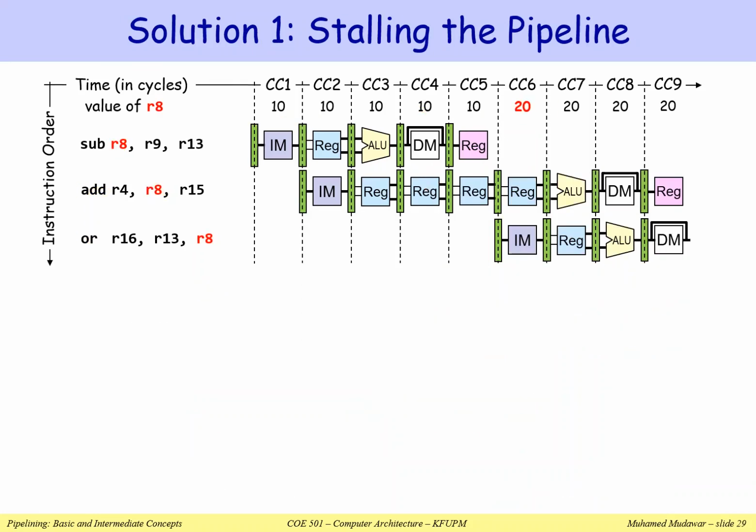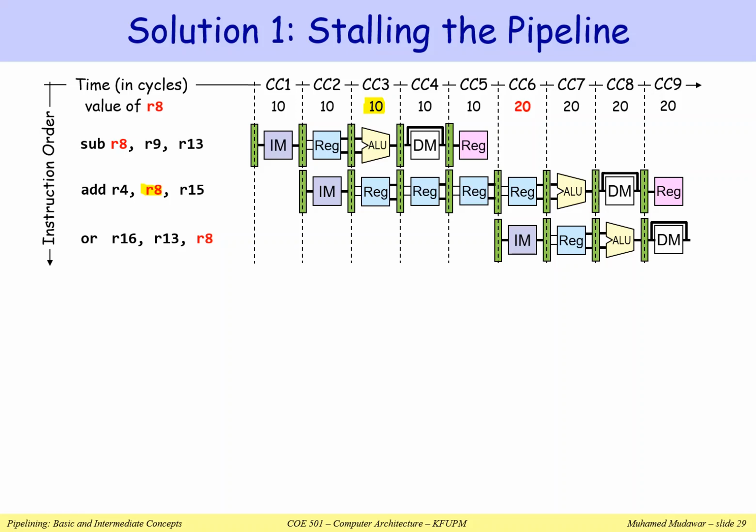So how does the pipeline handle data hazard? It cannot allow the add instruction to read R8 during clock cycle number 3. If it reads the value of R8 at clock cycle number 3, it's going to read the old value, as we have seen from the previous slide.